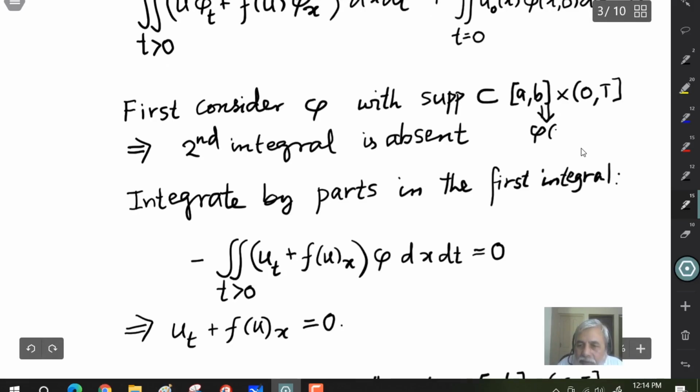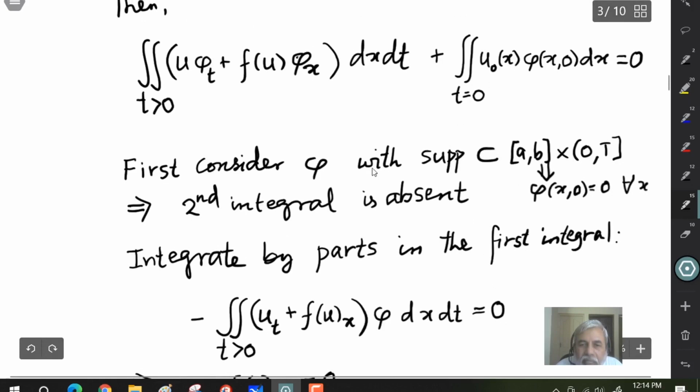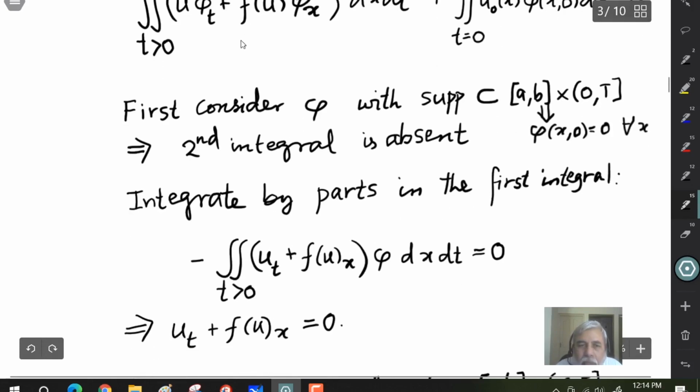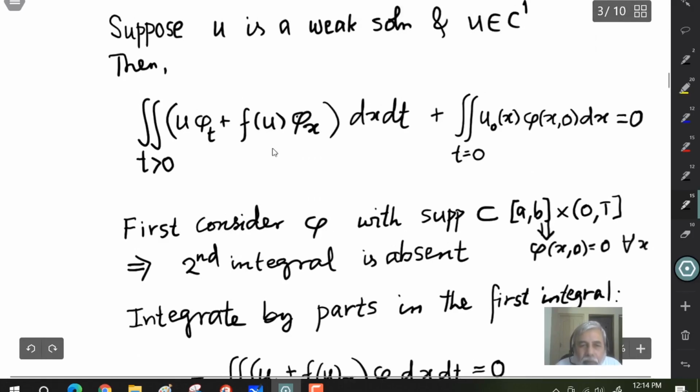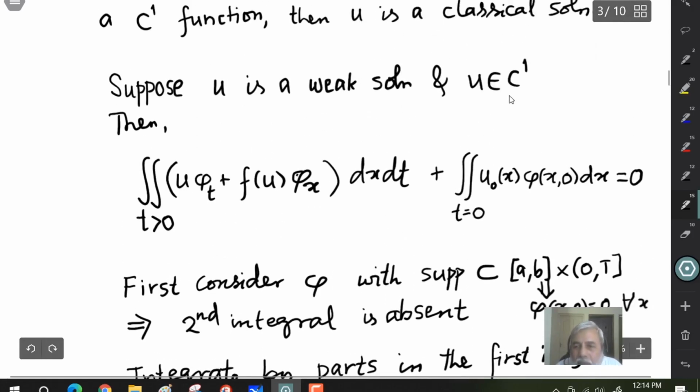That means phi(x,0) is 0 for all x. So here the second integral is absent, and we have to deal only with the first integral, and that one you integrate by parts again. That we can do because we are assuming u is C1.